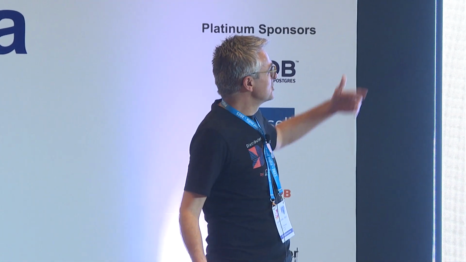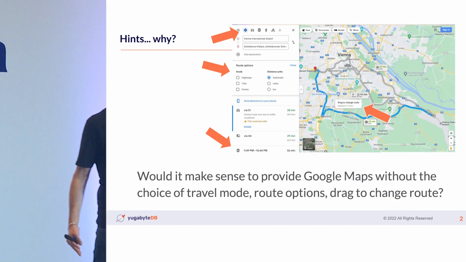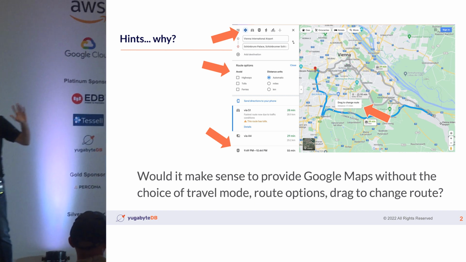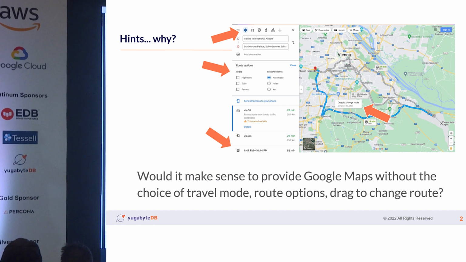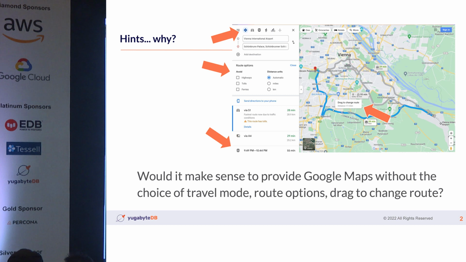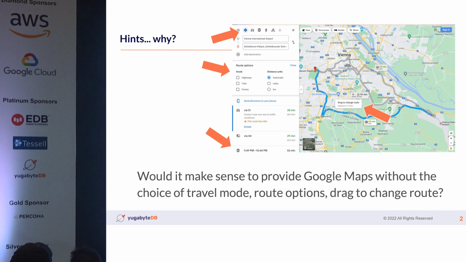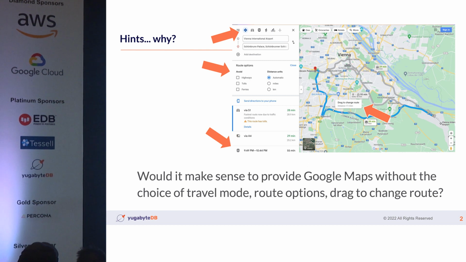So the reason, let's take an example. Let's compare with Google Maps. If I look at Google Maps, how to come from the airport to here, of course, it will show me the best path. And the query planner, the optimizer, does the same, finding the best path to your data. But maybe you want more control on that.